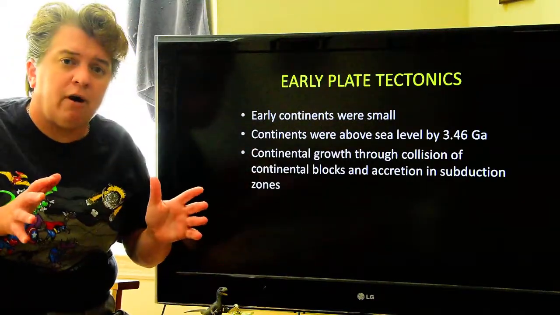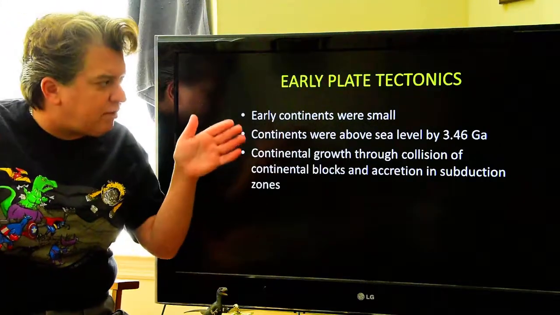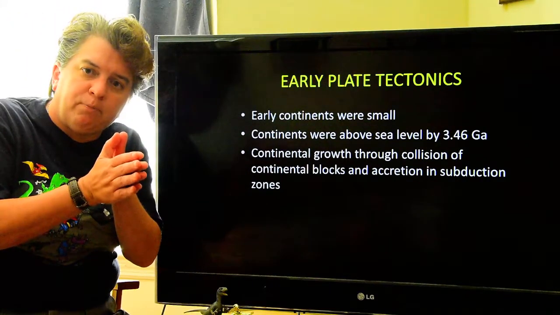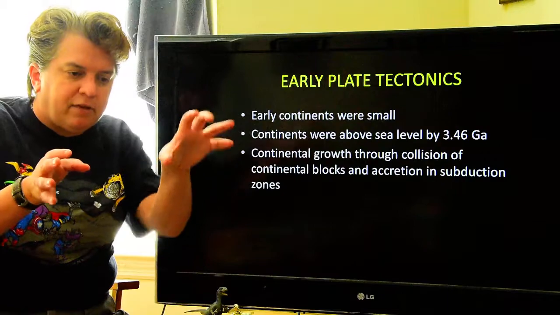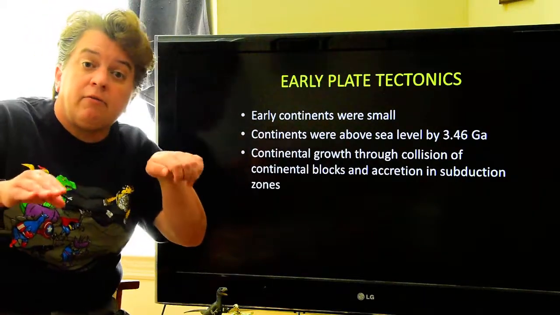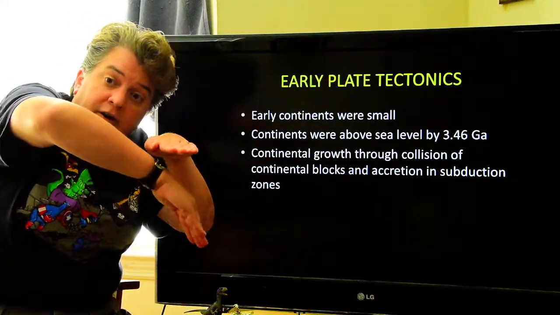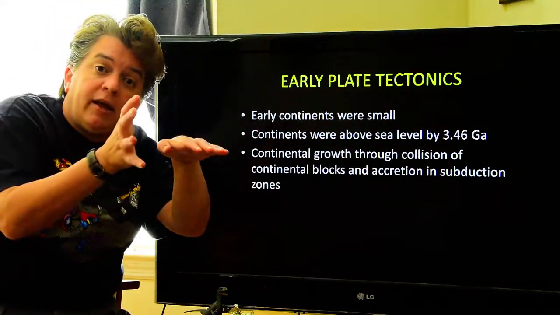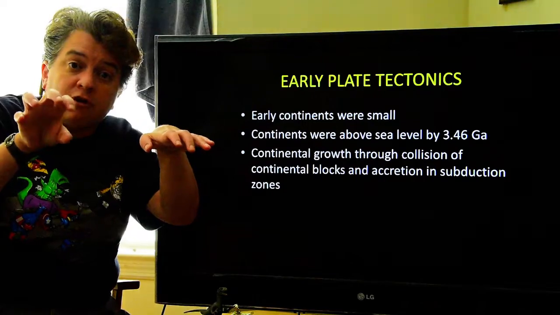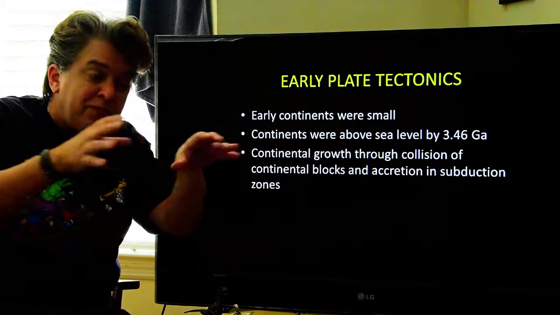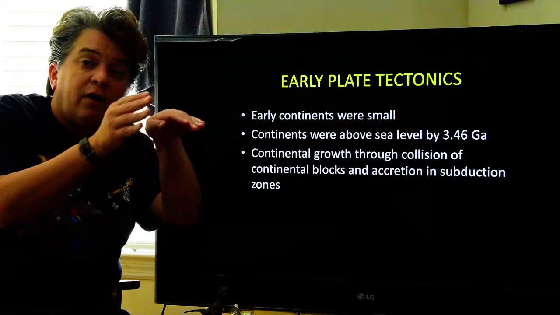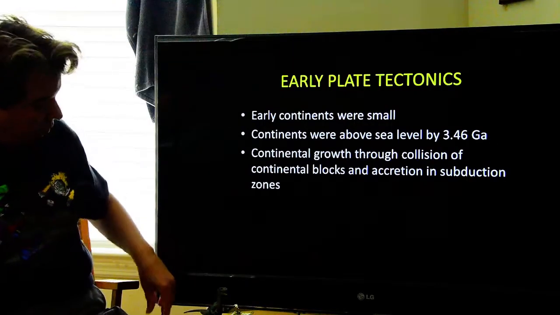And how do they grow? They grow through the collisions of other continental blocks. So you basically would have a continent, and then remember subduction, right? You have one plate sinking under another. It might be bringing another continental chunk, another terrane to it, which collides with the initial one, and our continent grows over time.